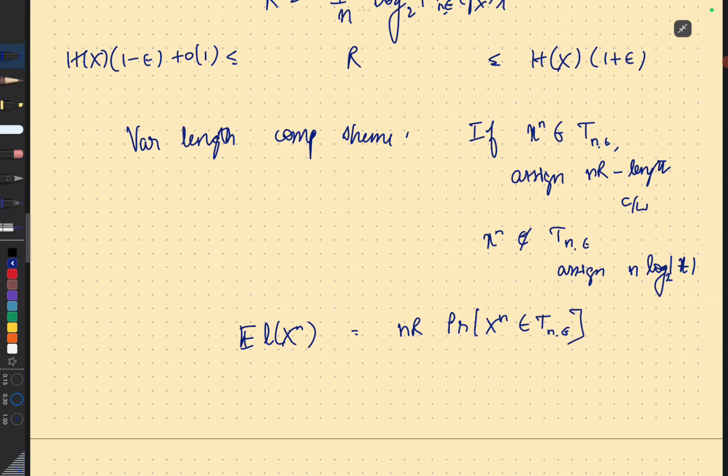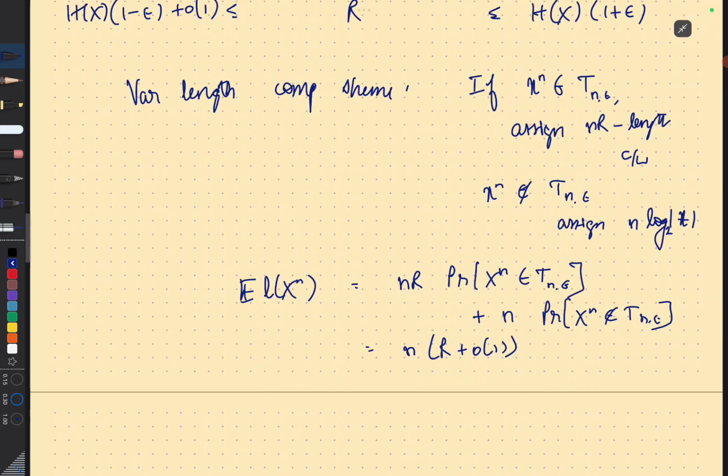So with probability equal to this, you assign an nR length code word, and with some very small probability, you assign an n length code word. So this is essentially n times R plus little o of 1.